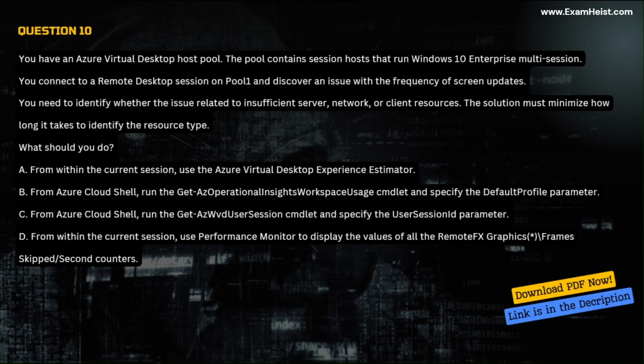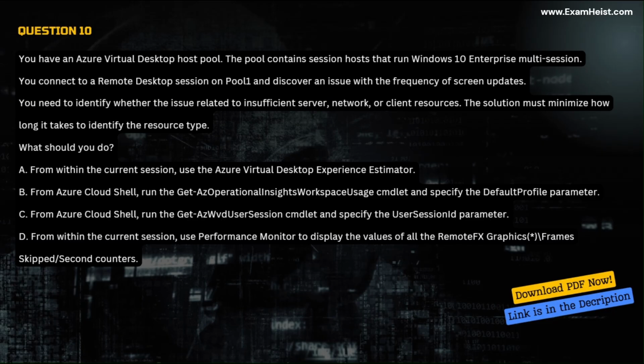A. From within the current session, use the Azure Virtual Desktop Experience Estimator. B. From Azure Cloud Shell, run the Get-AzOperationalInsightsWorkspaceUsage cmdlet and specify the default profile parameter. C. From Azure Cloud Shell, run the Get-AzUserSession cmdlet and specify the user session ID parameter.